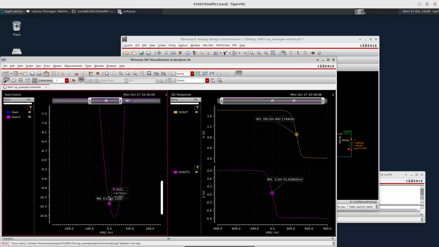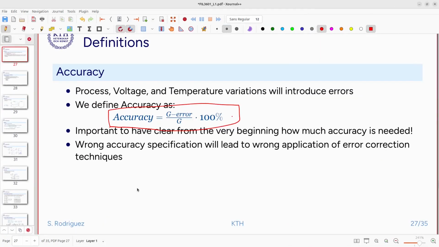So this is the differential gain error of the amplifier, and we see that the gain of minus 10 only happens in the small excursions from the operating point. Then it starts to change the gain very quickly in this particular amplifier. So this is a non-linear behavior, and it is extracted using a DC sweep. Already with this we can predict non-linearities, as we will see in the next lectures.